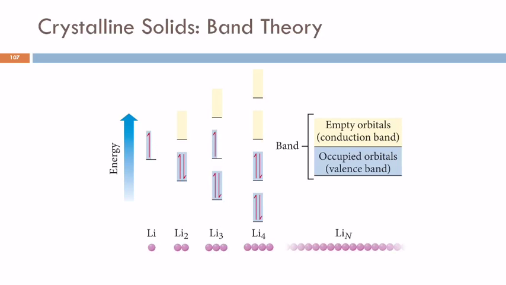And so if you go to a large number, Avogadro's number perhaps, what you end up with is a band of empty orbitals, those would be the antibonding orbitals, and a band of occupied orbitals, those are the bonding orbitals. And they're going to be very close in energy. And they're delocalized, that's why we call it a band, because it's over the whole solid.